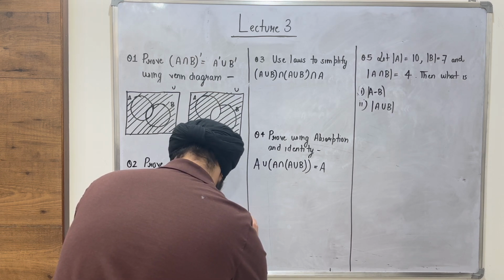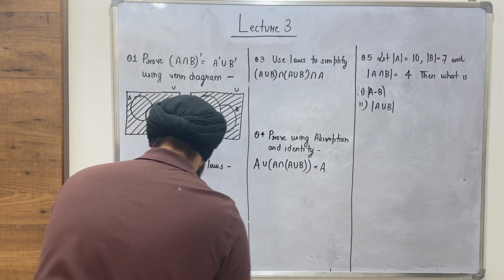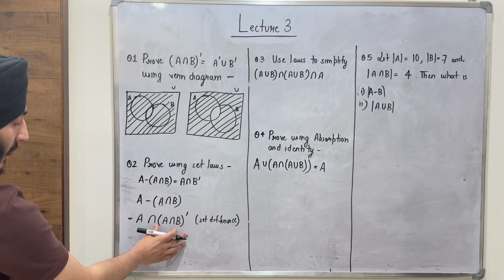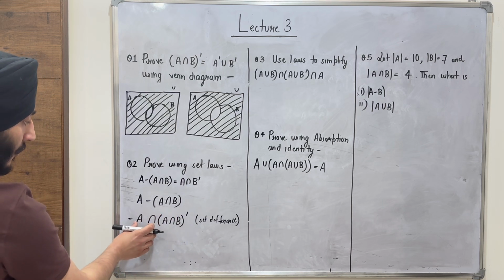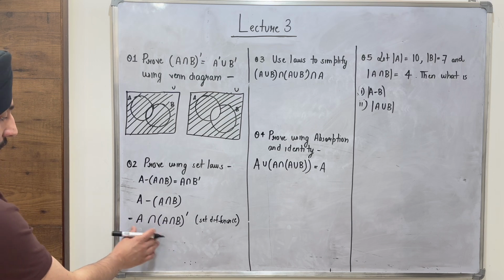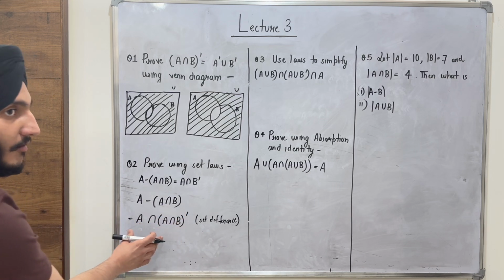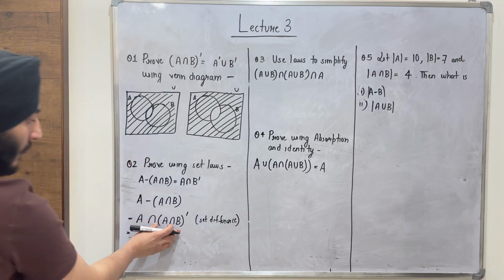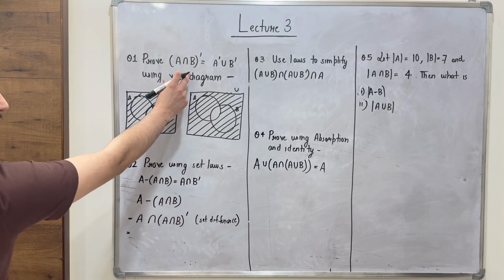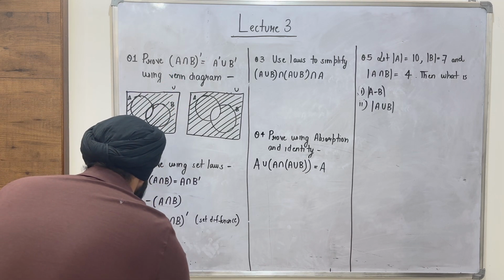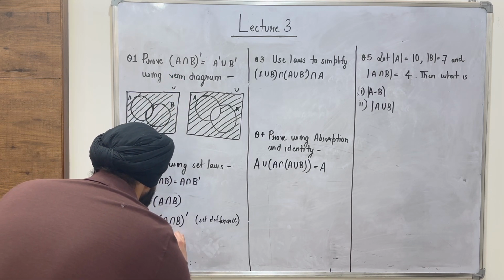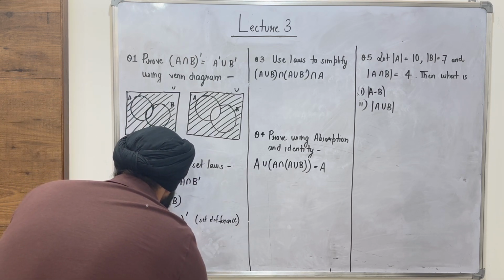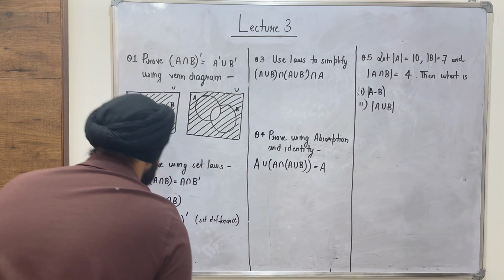Now if you see this equation, in order to apply the distributive law, I have to solve the complement first, right? That's very important. So how do I solve it? If you look at it, this is basically the De Morgan's law over here, which is going to be A intersection, A complement union B complement.